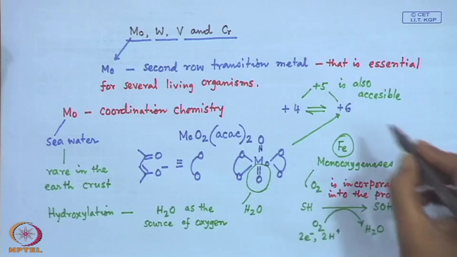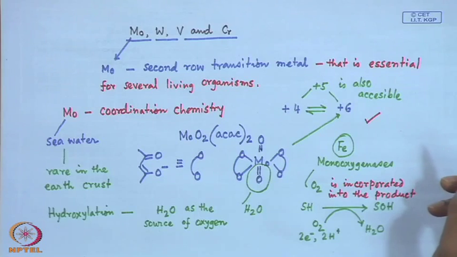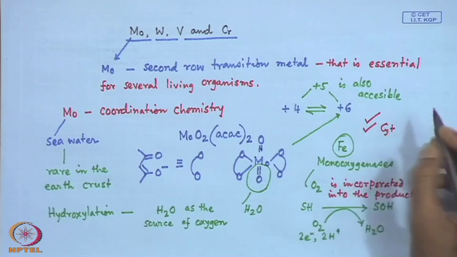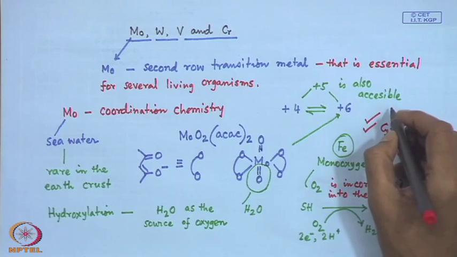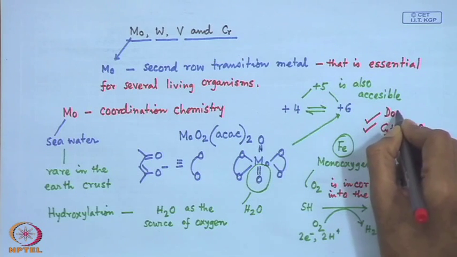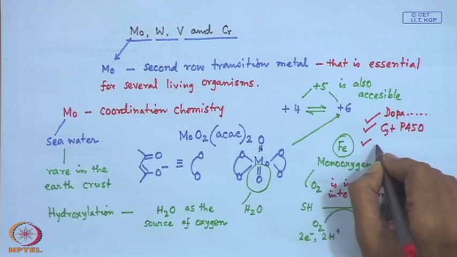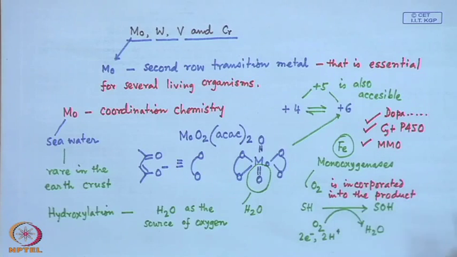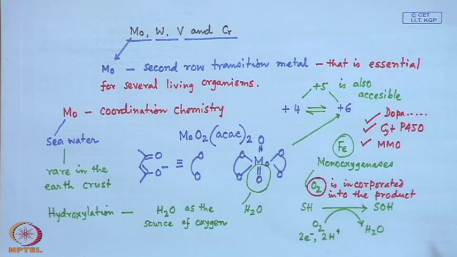So, the monooxygenases we have seen include dopamine beta monohydroxylase, then cytochrome P450, and methane monooxygenases. We have studied all of these earlier, but we should be able to compare one after another. All are utilizing oxygen from the air or any other oxygen source, but in this particular case you will be utilizing the water molecule as a source of oxygen.